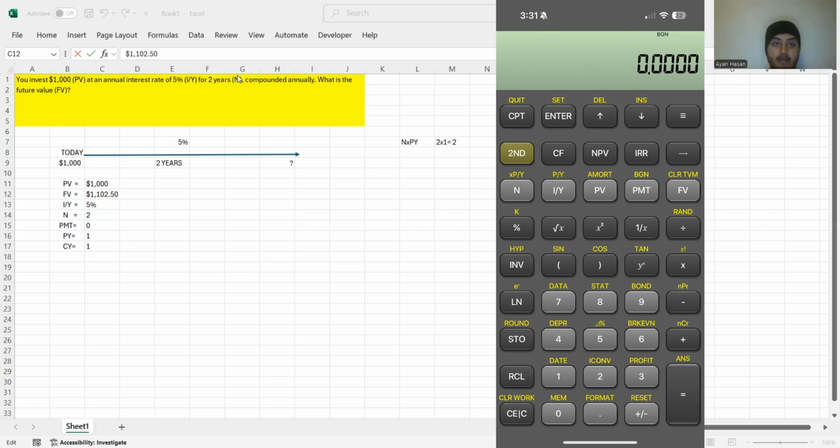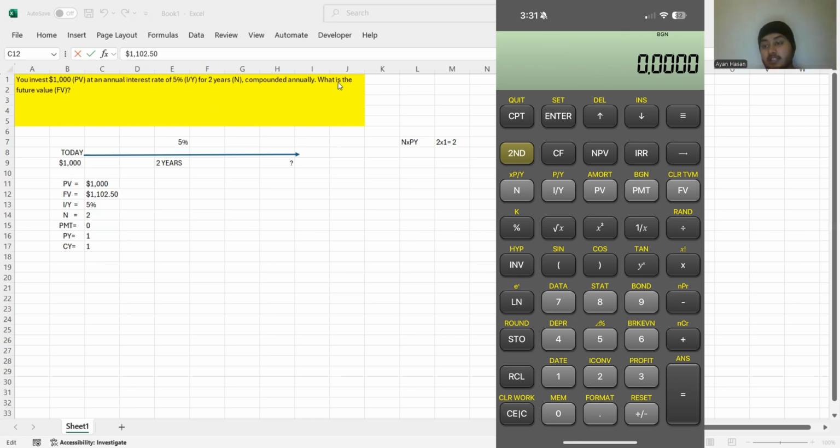Compounded annually means once a year, which gives PY 1 and CY 1, as you can see here. So what is the future value?